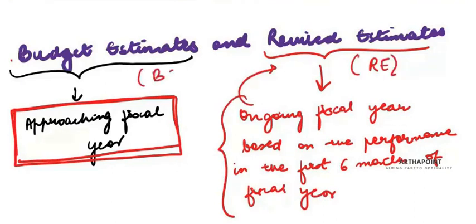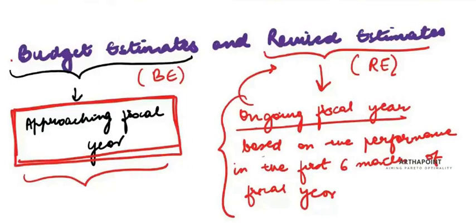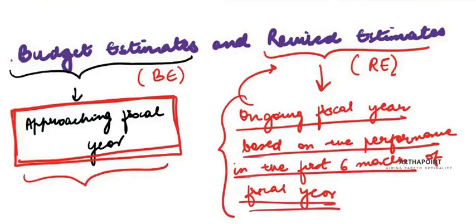So what is budget estimate? Budget estimate is presented for any approaching fiscal year, while those presented for the ongoing fiscal year based on the performance in the first 6 months of the fiscal year become my revised estimates.